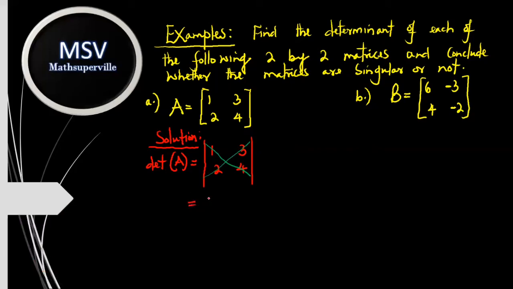So this should give you 1 times 4 minus 2 times 3. So that gives you 4 minus 6, which is -2. And this is not equal to 0. So matrix A is non-singular.